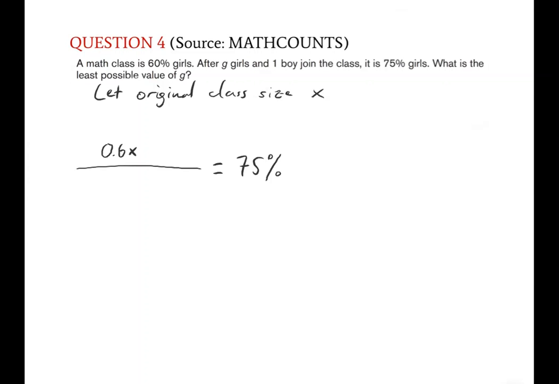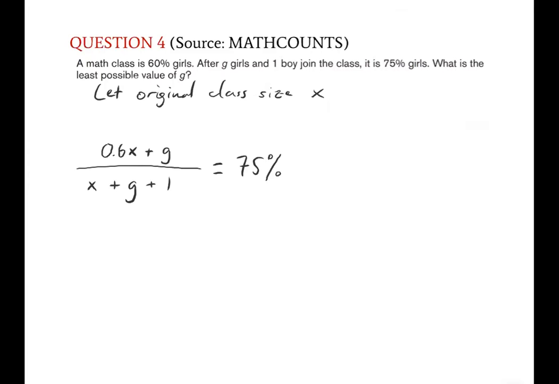And then we're going to add G to that because G number of girls joined the class. So for our denominator, which is the class size, we have to have the original class size plus the number of girls that joined and plus the 1 boy that joined the class.